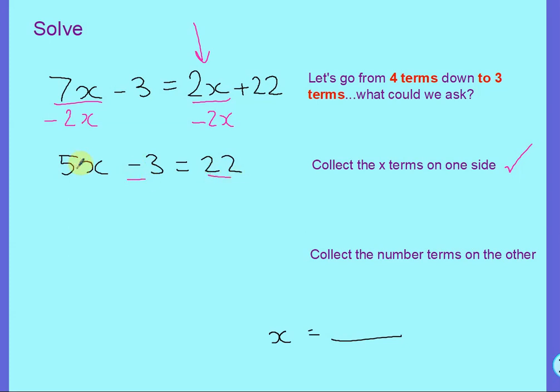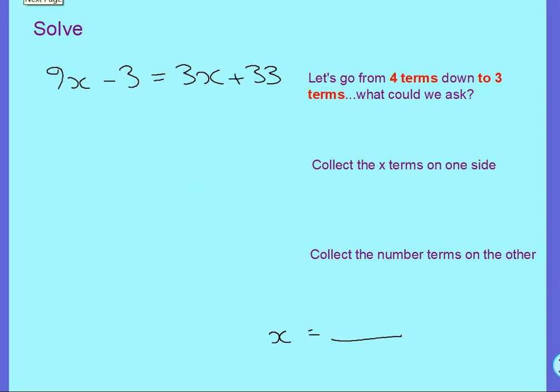Well, if the x's are on the left, this number term needs to disappear. So we're going to add 3 to make it go. That means we have to add 3 to this side, otherwise it's no longer equal. So we're going to have 5x on the left and 25 on the right. Well, 5x's are 25. We can work out what x is by dividing by 5. 25 divided by 5 is 5.